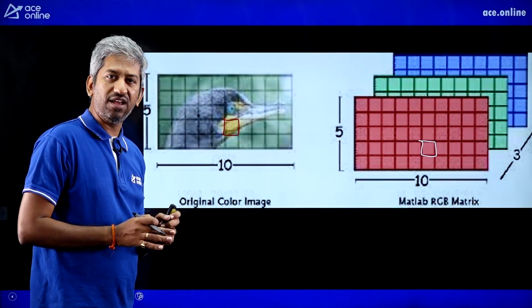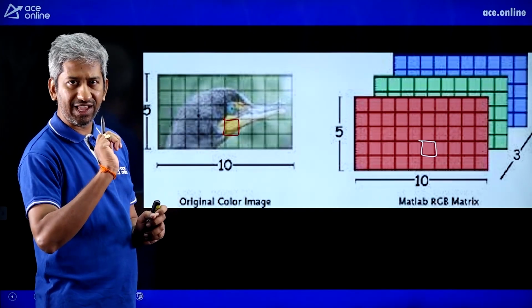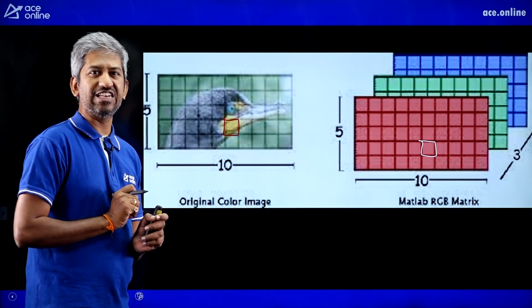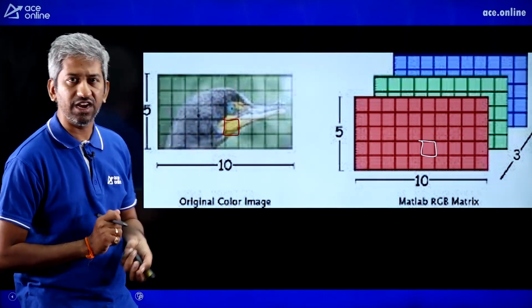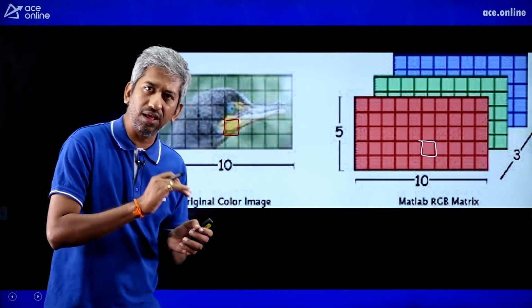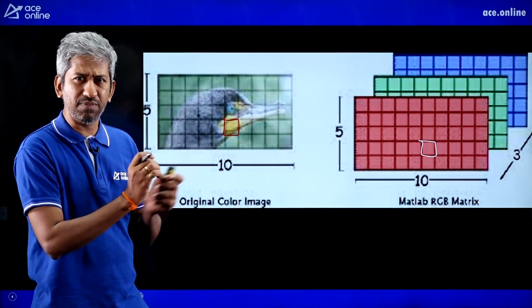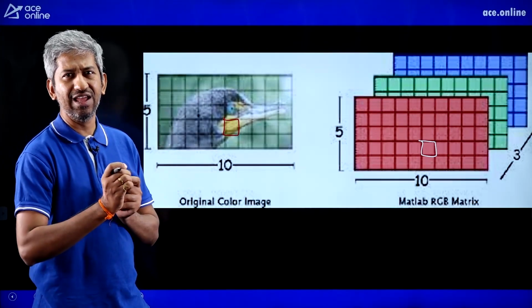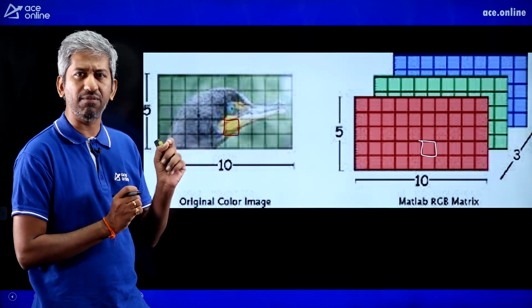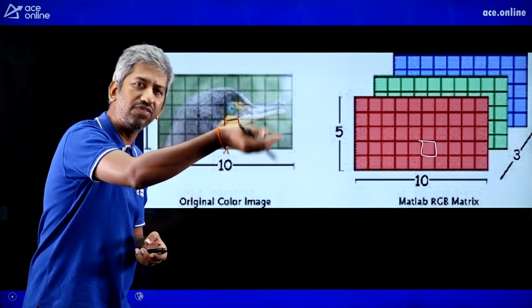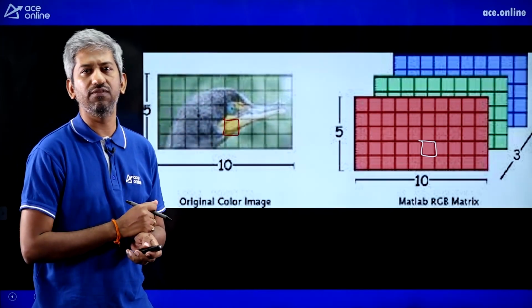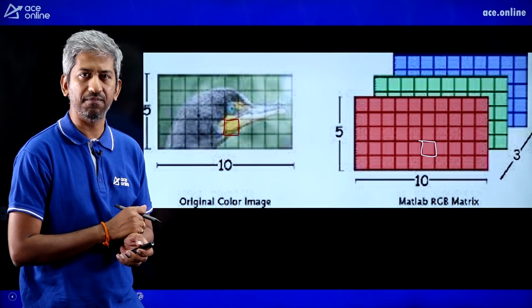So what is the idea? By mixing certain color intensity portions of these primary colors, red, green and blue, we will get all the other remaining colors in the world. That is the idea.